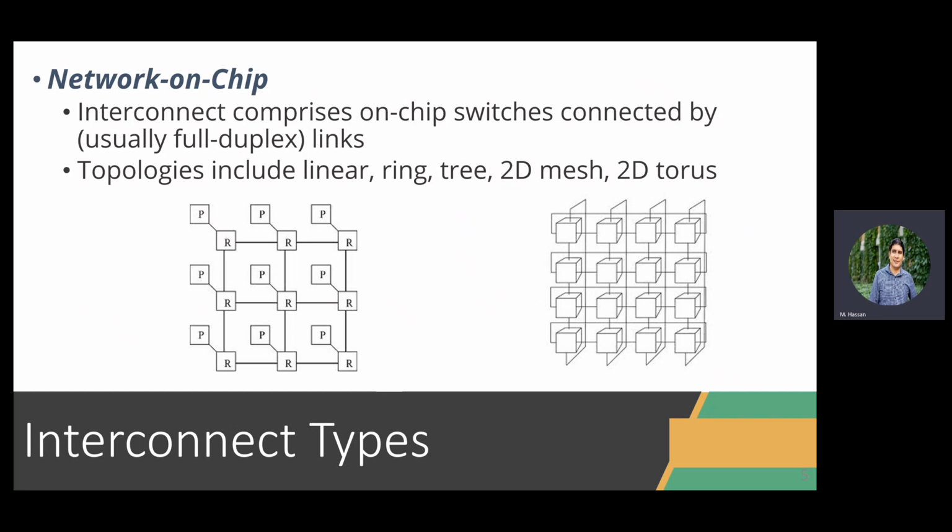And this node would have to go through a router or a switch to connect to the actual network. The good thing about this is that I can manage very complex traffic without interference. For example, if this processor wants to talk to that processor, it will go here. While if this processor wants to go to that processor, it will go through that link. You only suffer interference when you share links.